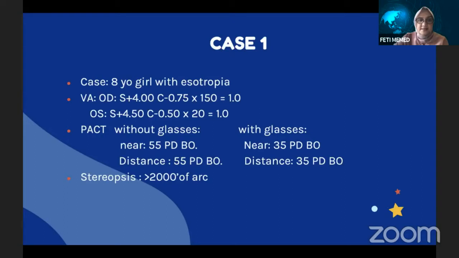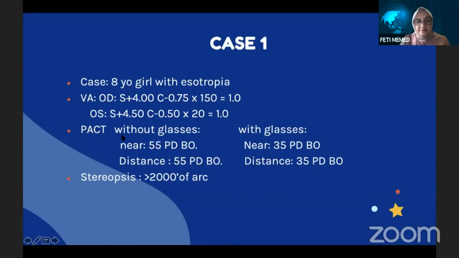The first case: this child had a history of esotropia from 3 years old. Now we see an 8-year-old girl with esotropia, with visual acuity in the right eye with +4 of 20/20, and the left eye with +4.5 of 20/20.